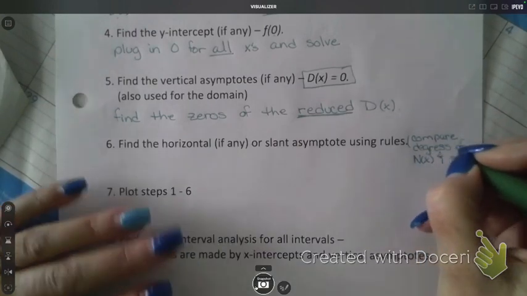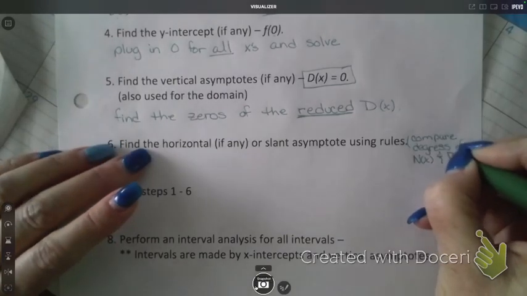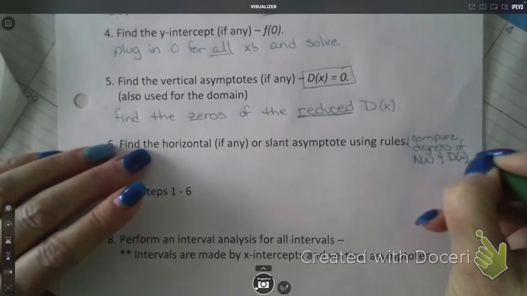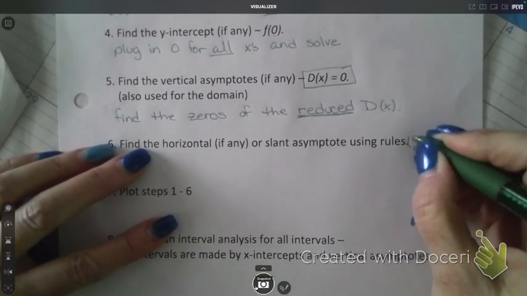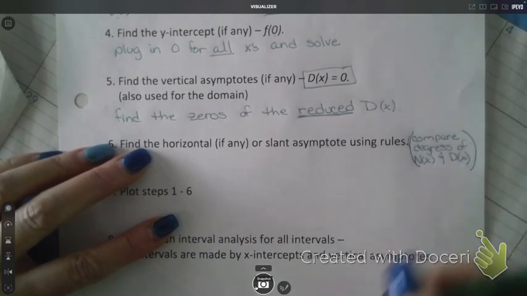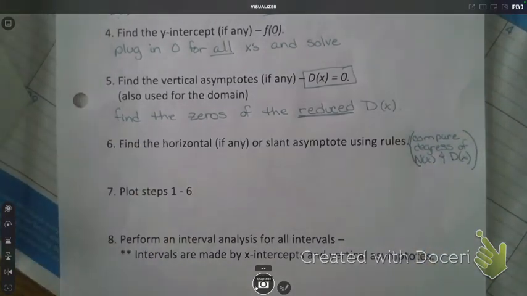I'm writing this over here for a reason because we're going to write the rules over here. Okay, so remember degree is the highest exponent, yes? Usually you use the original problem also.